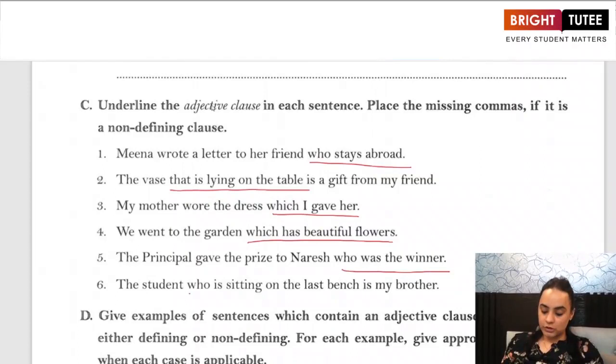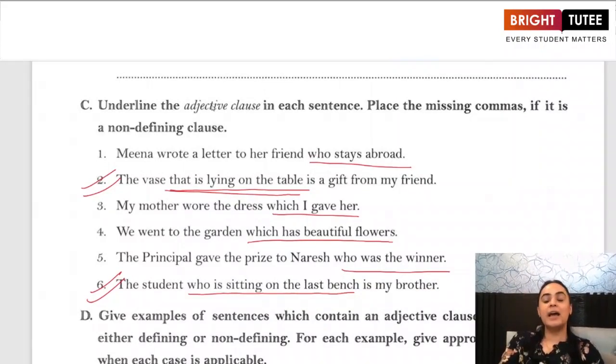The student who is on the last bench is my brother. Now, if you look at these 6 sentences, we've underlined the adjective clauses in each one of them.